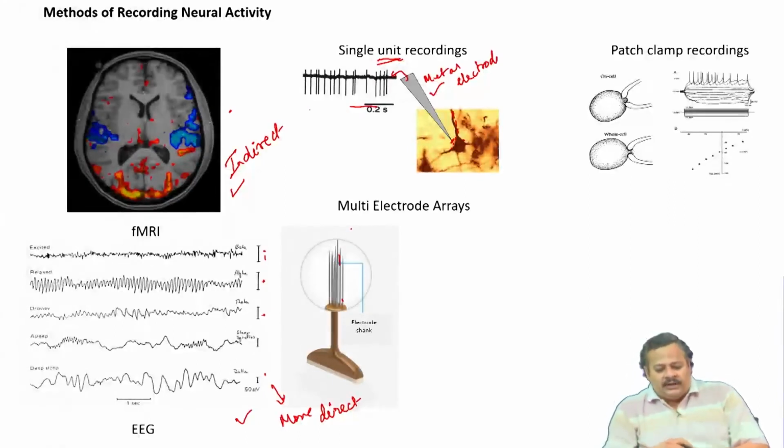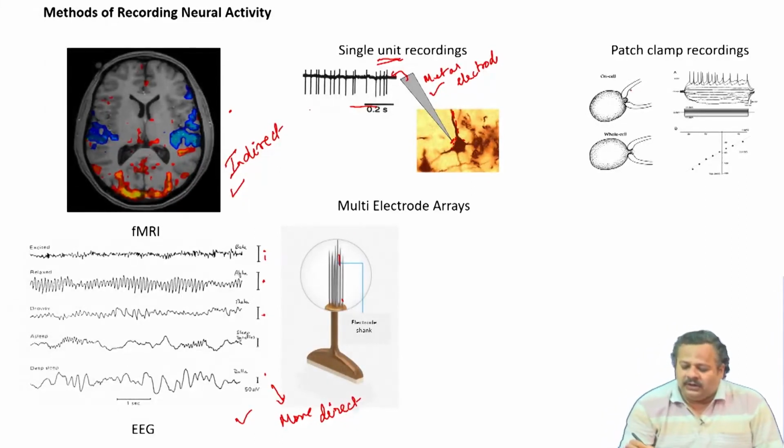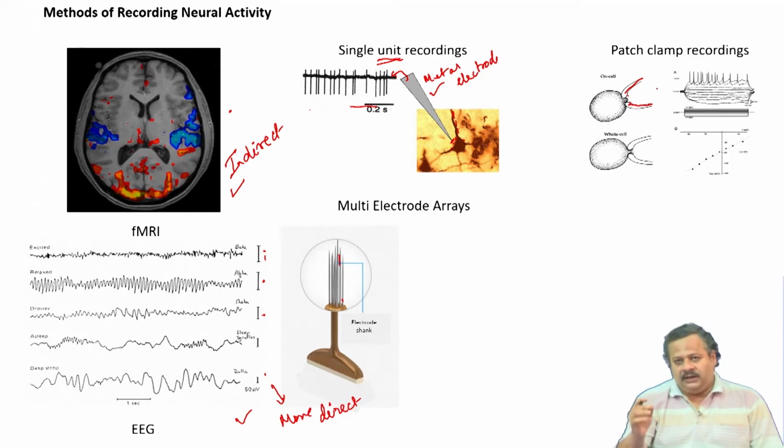So the other method to gain access to information about the membrane potential is patch clamp recordings, which is shown on the right hand side and is done with a glass micropipette. Here we are showing a glass micropipette which has an opening at one end.